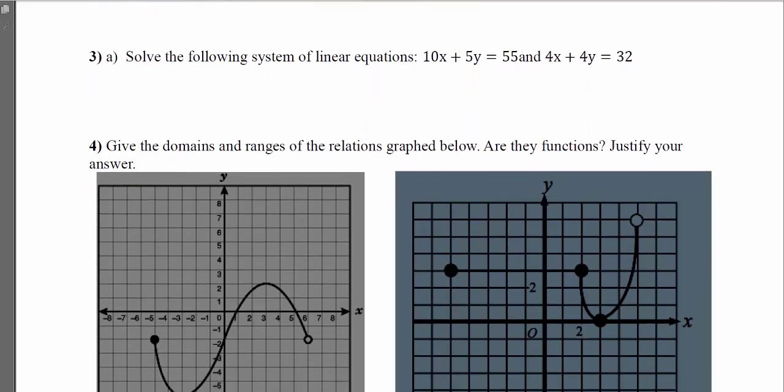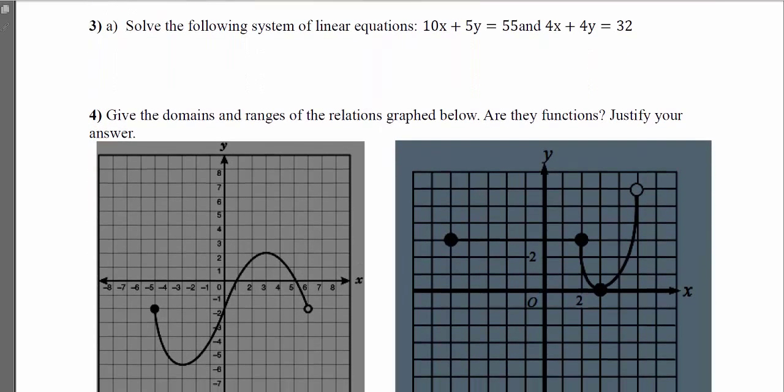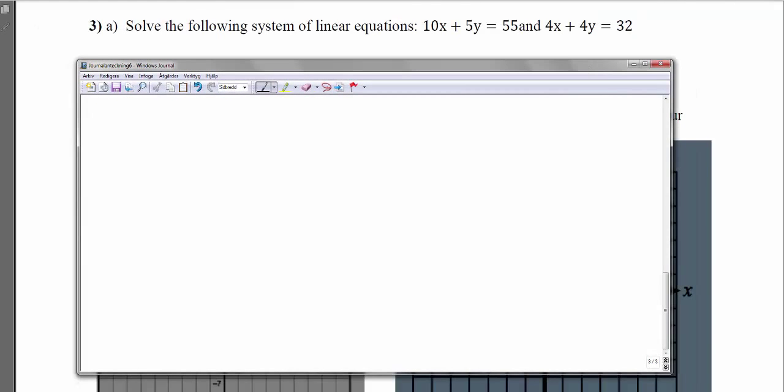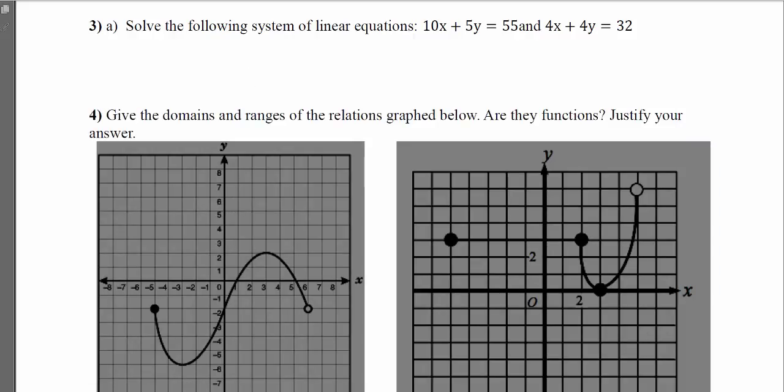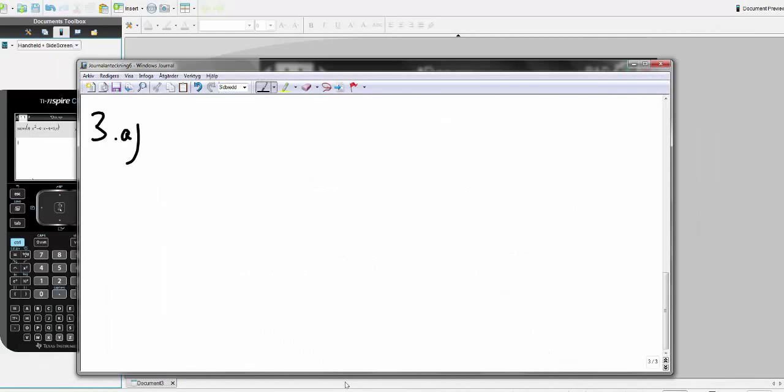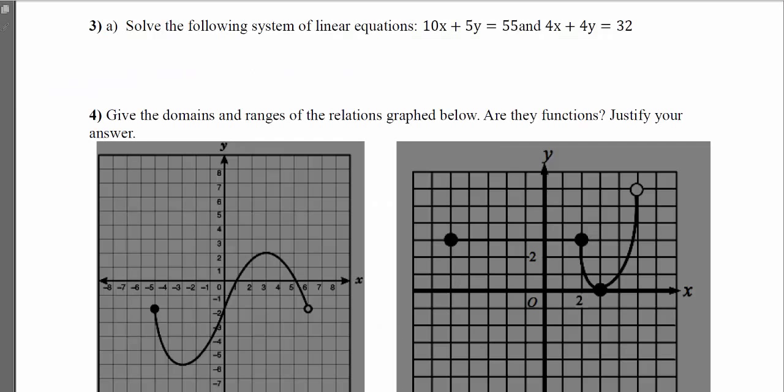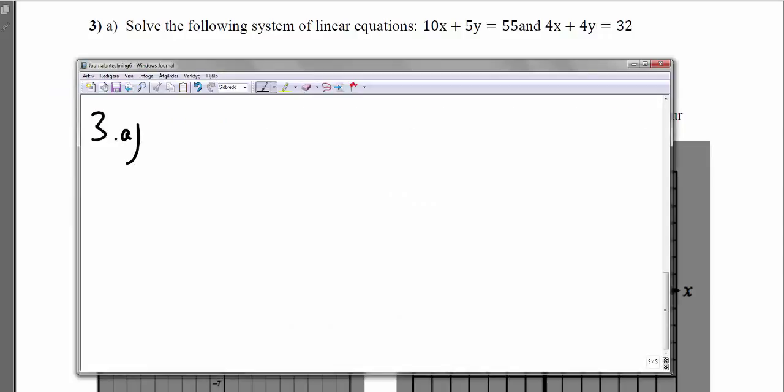Number 3, solve the following system of linear equations. Okay, let's see if we can write this out. First, let's see if I can move this down a little bit so I can see the equation. I'm going to write these equations like this. 10x plus 5y is equal to 55.